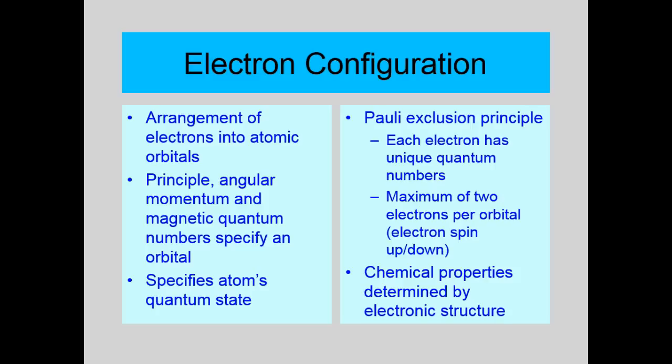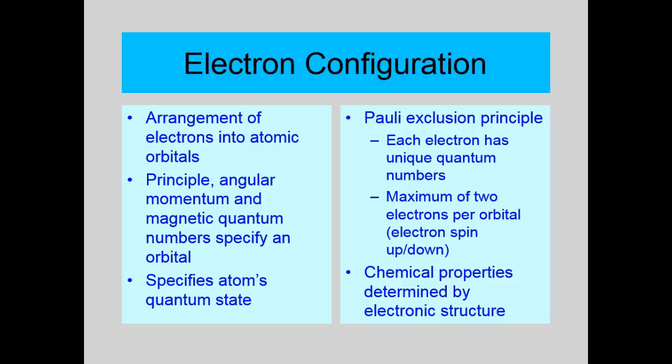All right, now what we did up till now was talk about the quantum numbers, the way the electrons are numbered, named, placed, and that determines what we call the electron configuration. Remember, Pauli's exclusion principle said no two electrons will have exactly the same set of quantum numbers.